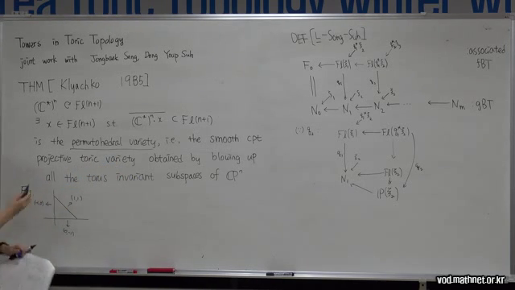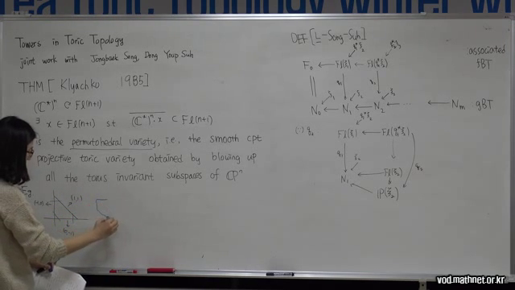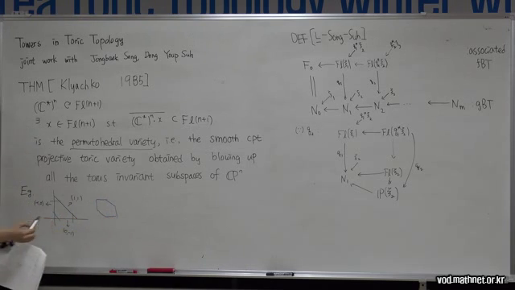So blowing up all of the torus invariant subspaces means that here, for this example, we are cutting the face near those 3 fixed points, and then the remaining faces are just facets. So if you consider the face cut, it is the same as the original polytope. This polytope, as you can see, is the permutahedron of dimension 2.